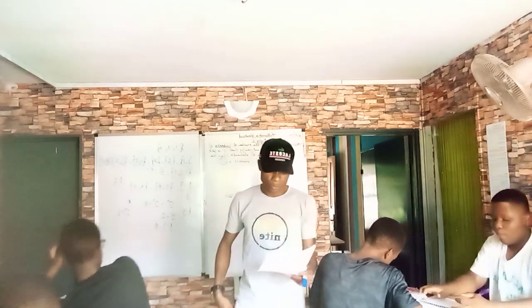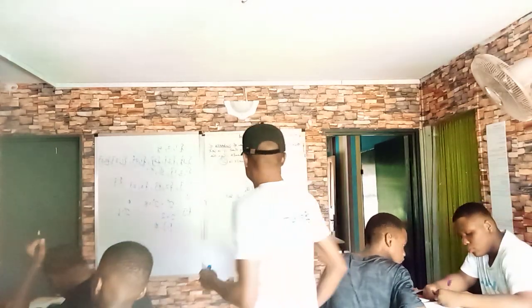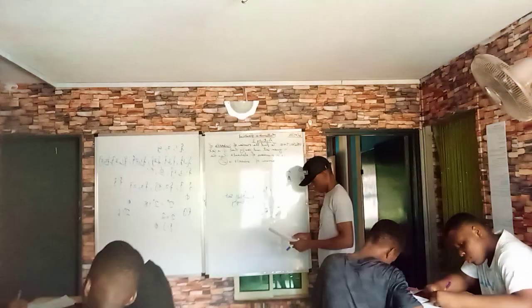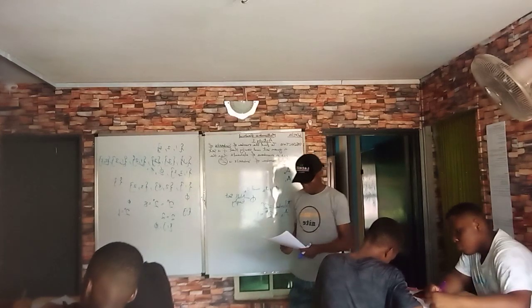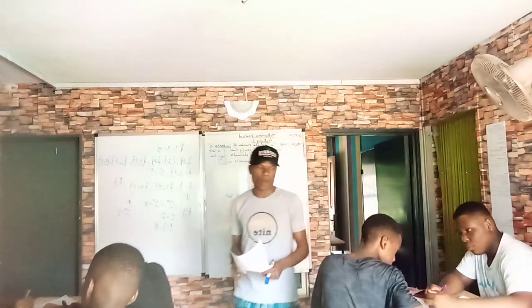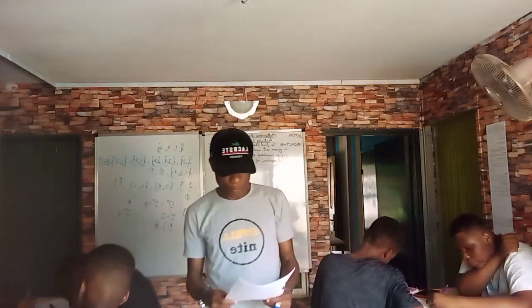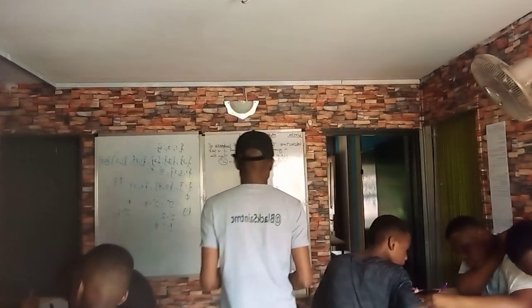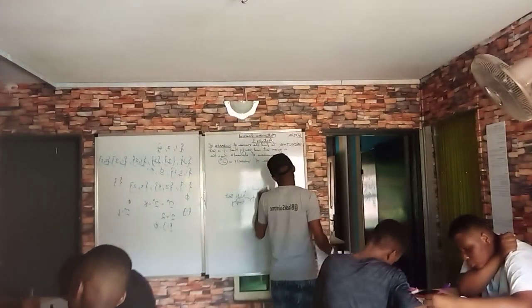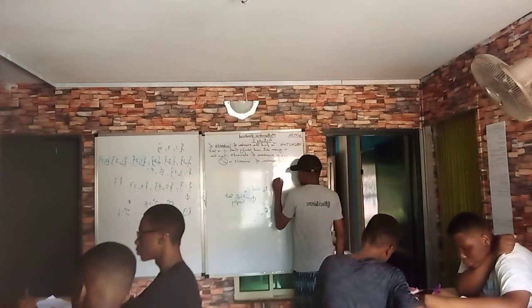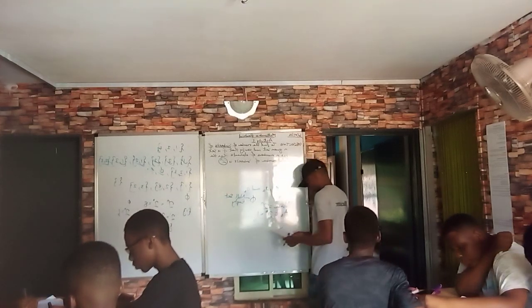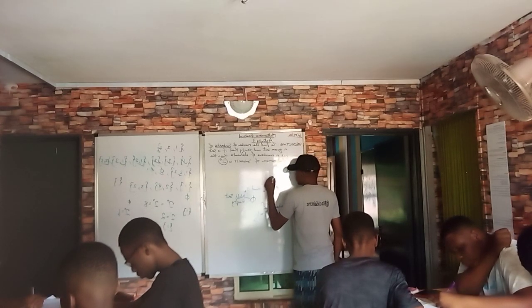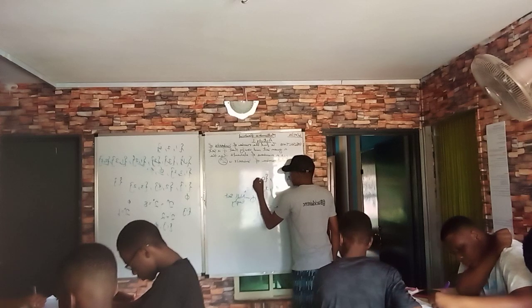Number 2, represent A1 as in figure 1.2, so that the subsets of A1 will be the empty set and A1 itself.